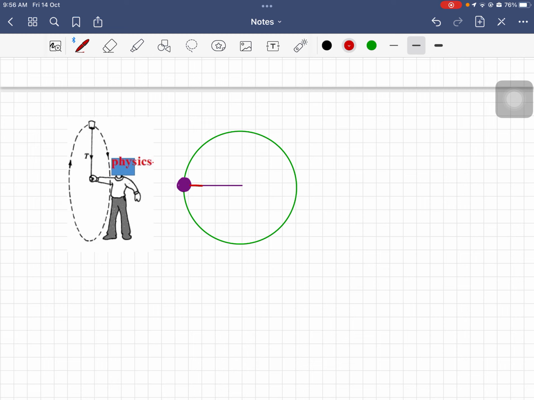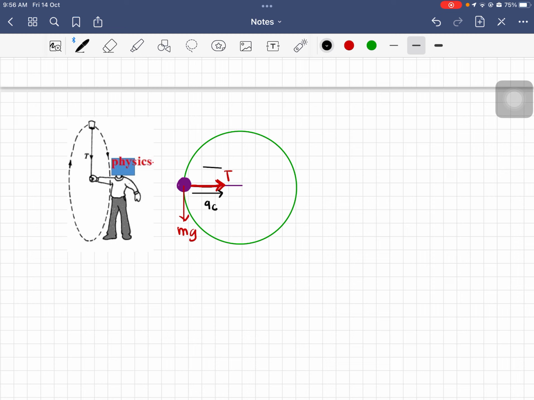Here we will have T, the tension. Remember tension is toward the center of the string. And then we will have mg. The second step is to determine the direction of AC. AC at this object is always toward the center of the circle.